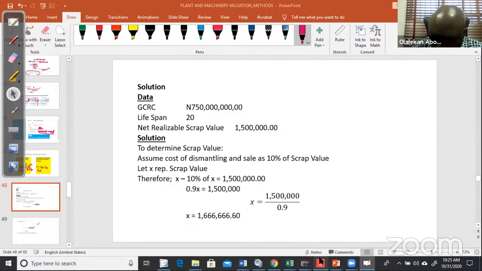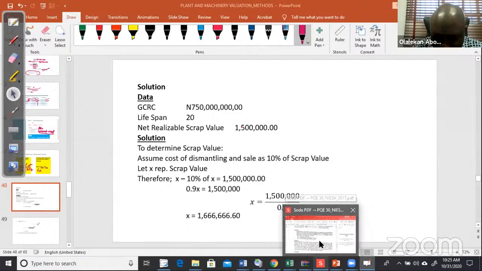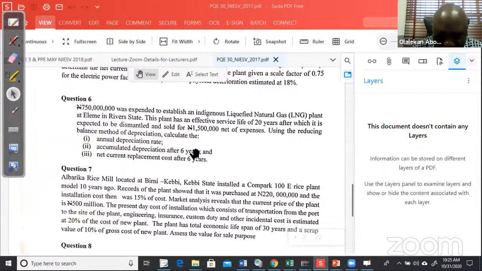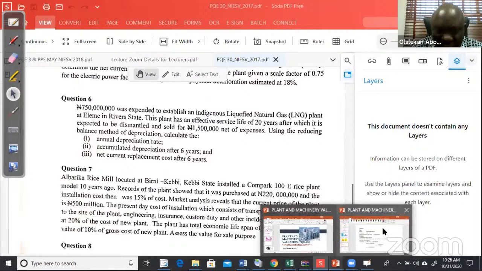If you go back to that question, let me emphasize something here. Look at the question. It says 750 million was expended on an indigenous liquefied plant, right? So that gives us the gross current reproduction cost. Let's make it reproduction, nothing is telling us that it's replacement.